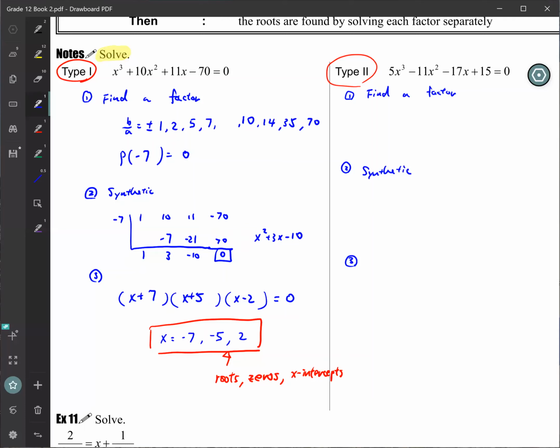This time, once you finish step 2, you can raise your hand, and we'll talk about step 3 together.